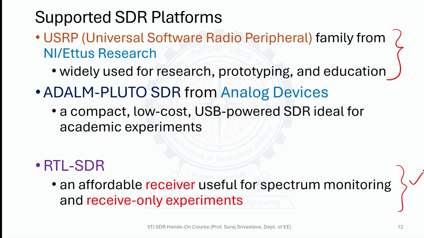The USRPs start from roughly 1.5 lakh to 2 lakh, and the ADALM-Pluto SDR is low cost, roughly below 50,000, about 30 to 40,000. And RTL SDR is extremely low cost since it is only the receiver side, within the range of 10,000. So this is the typical range of SDRs.